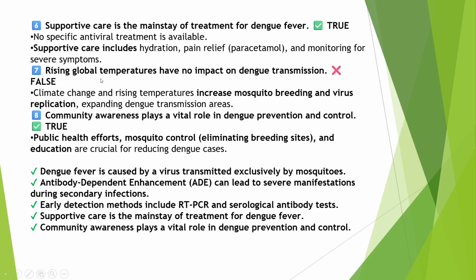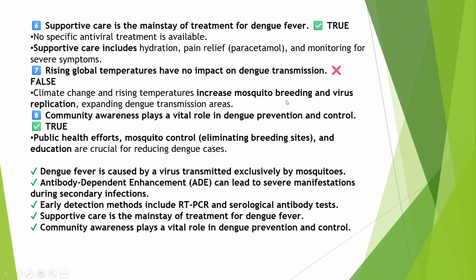Then, rising global temperatures have no effect or impact on dengue transmission. So this is also false, because climate change and rising temperatures increase mosquito breeding. This is now more favorable for the mosquitoes.